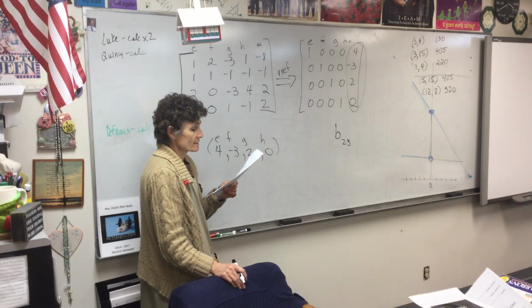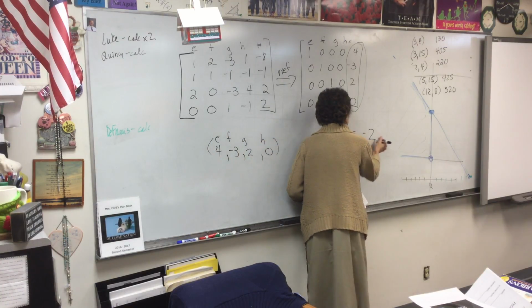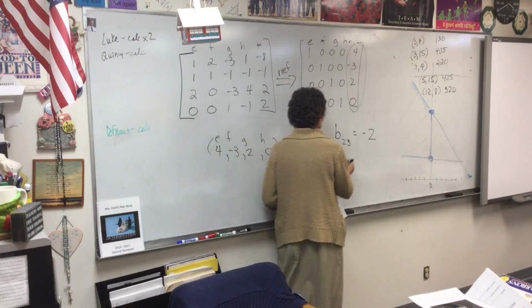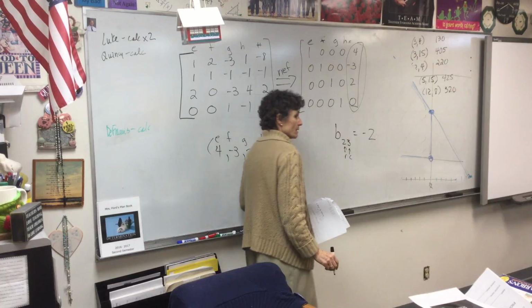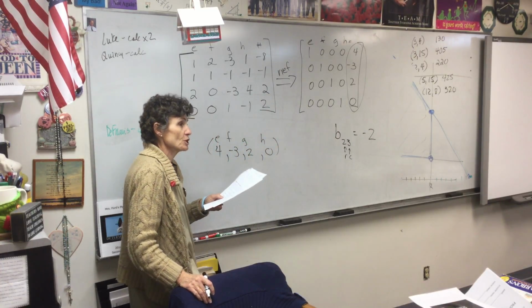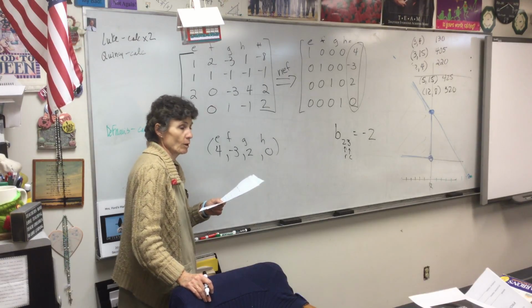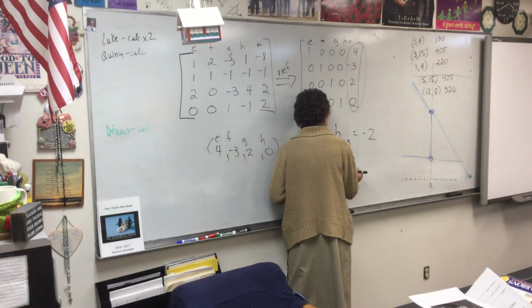So what number is in the second row and the third column? -2. Remember, this is always the row number, and this is always the column number. What are the dimensions of matrix B? 3 by 4. Write that 3 by 4.